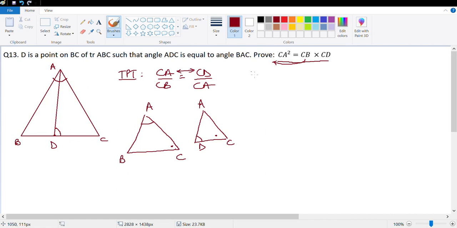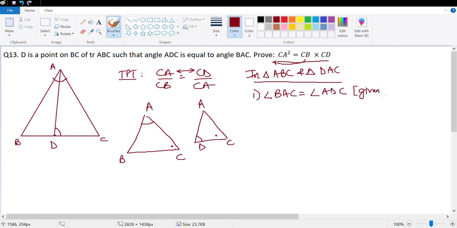Let's write this down. In triangle ABC and triangle DAC, point number 1, angle BAC is equal to angle ADC. This is given. Point number 2 is angle ACB is equal to angle DCA.